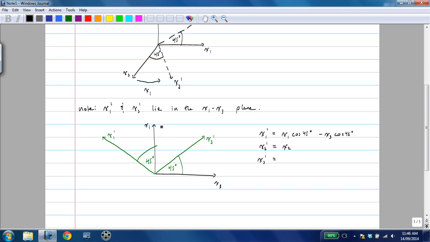So you want to look at x1, and if you take the cosine of 45 degrees, then you'll get the vertical component for x3 prime. So this will be x1 cosine 45 degrees, and then we'll also have to add x3 cosine 45 degrees.